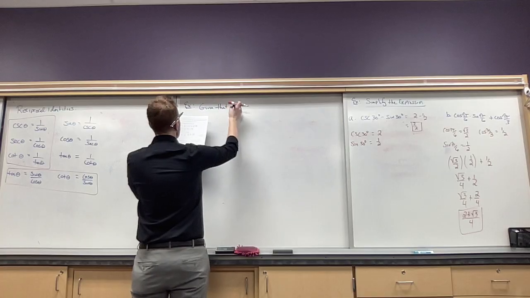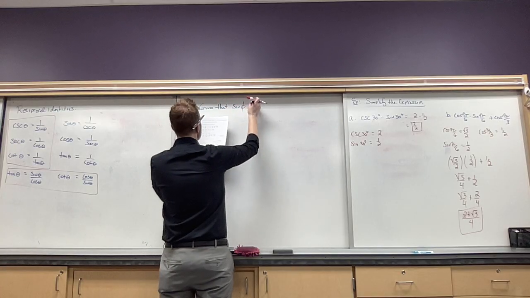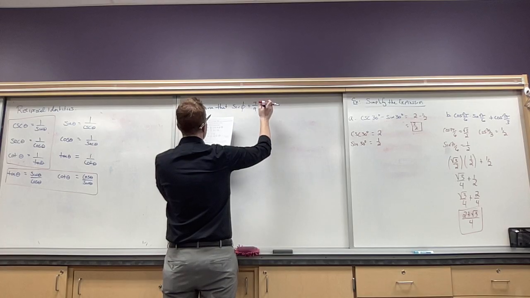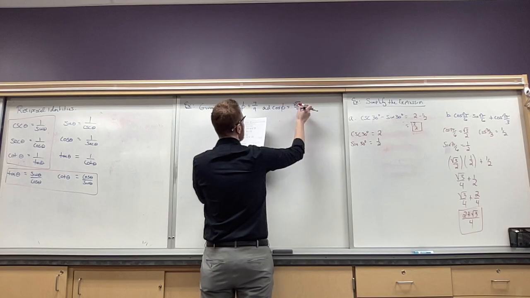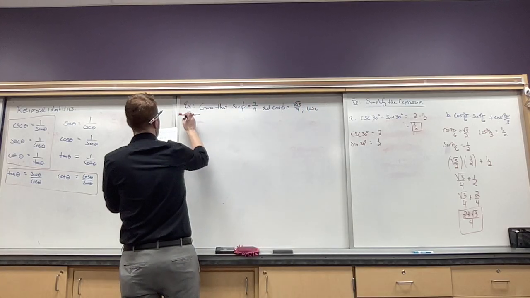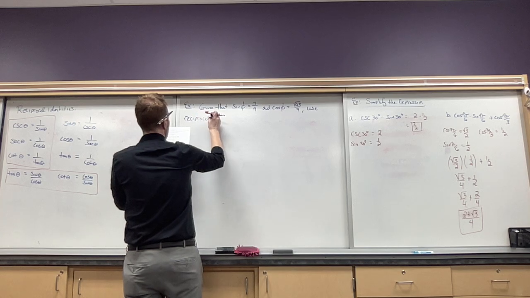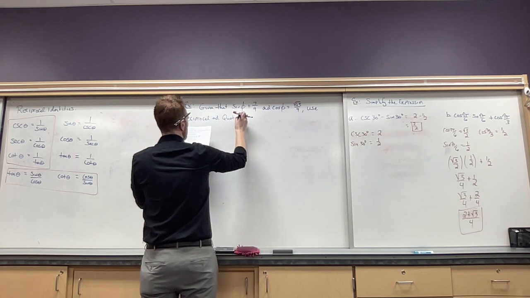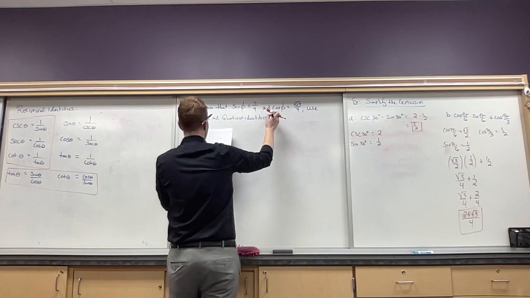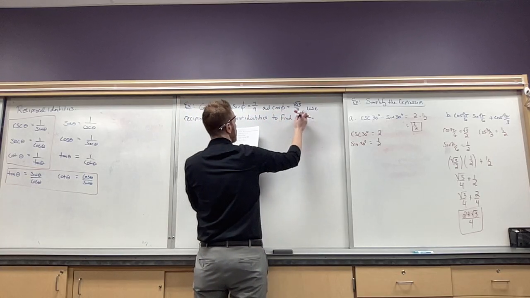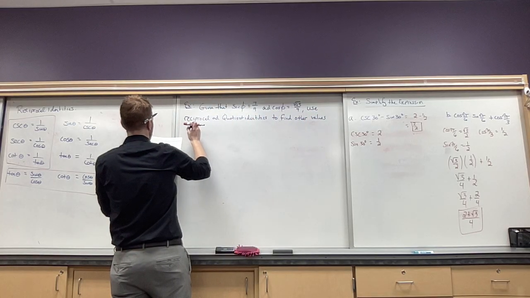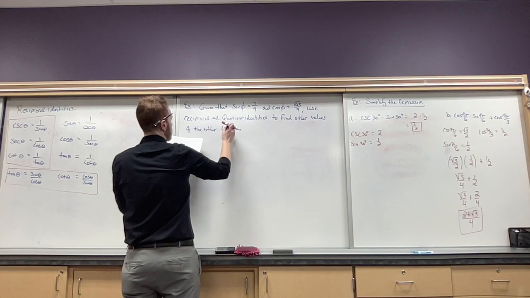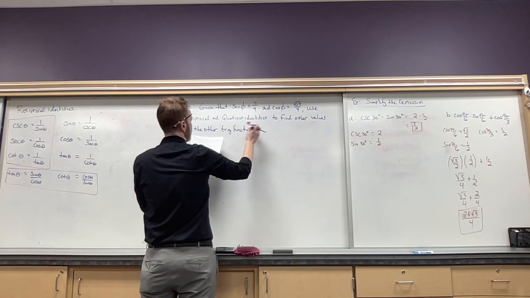Given that sine of phi is equal to 7 over 9, and cosine of phi is square root of 65 over 9, use reciprocal and quotient identities to find the values of the other trig functions of phi.